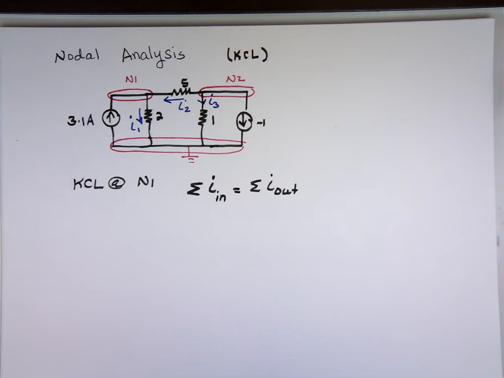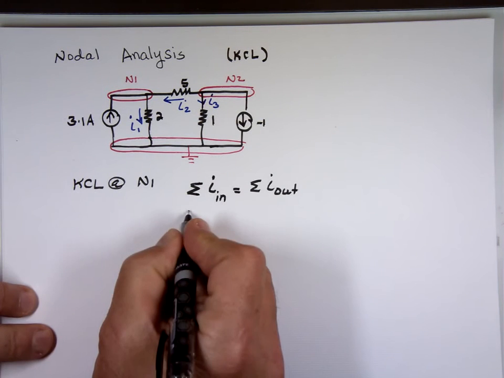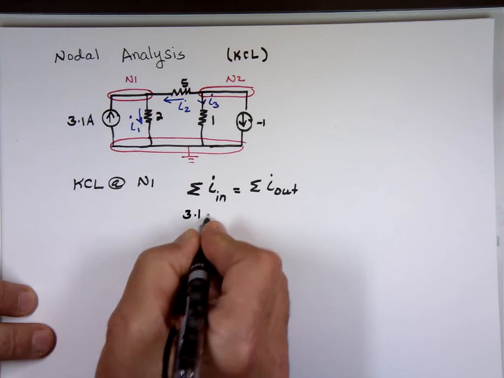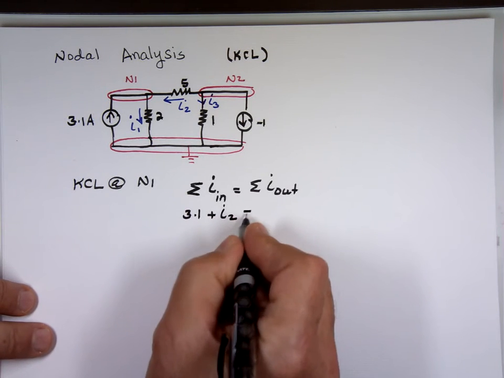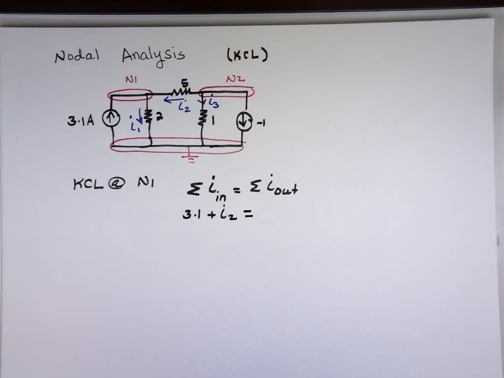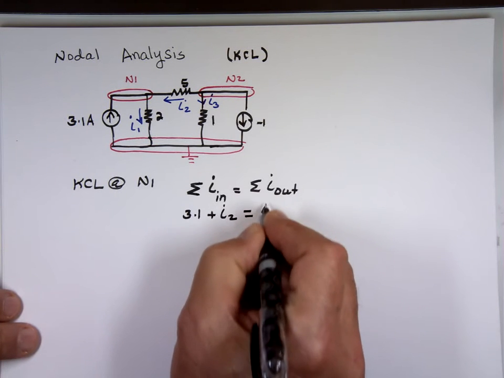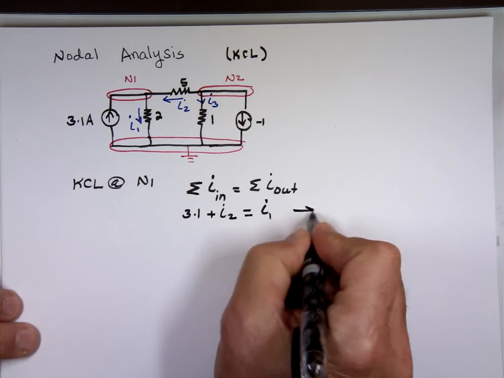And what is going into node N1? I2 and 3.1. Perfect. 3.1 plus I sub 2. And what is leaving that node? I sub 1. Here's one equation. That's equation number 1.